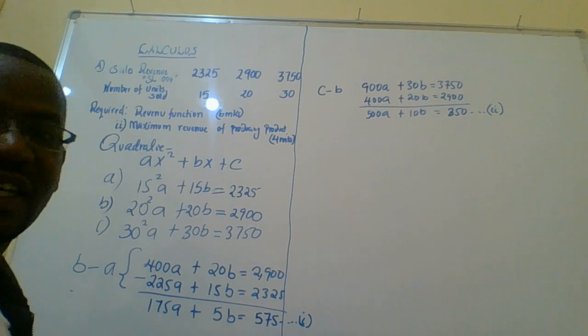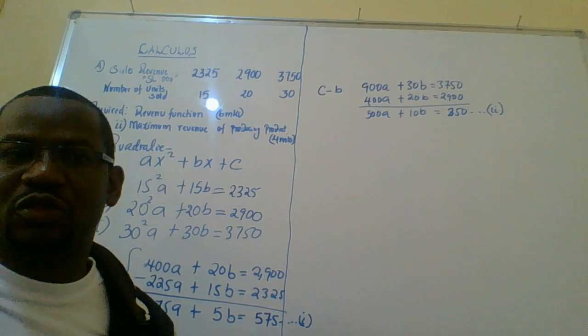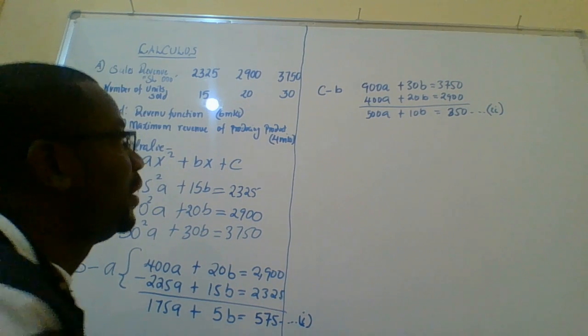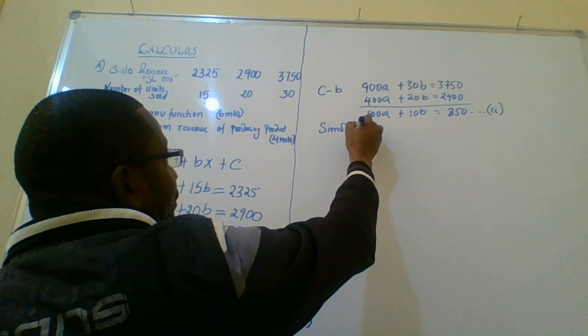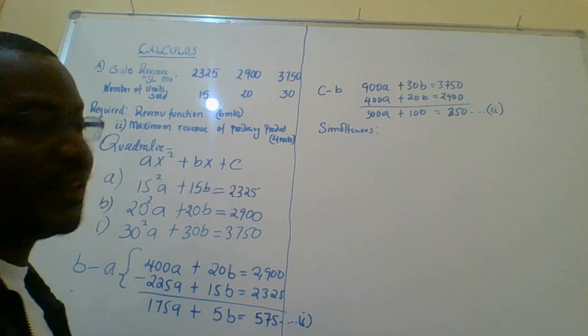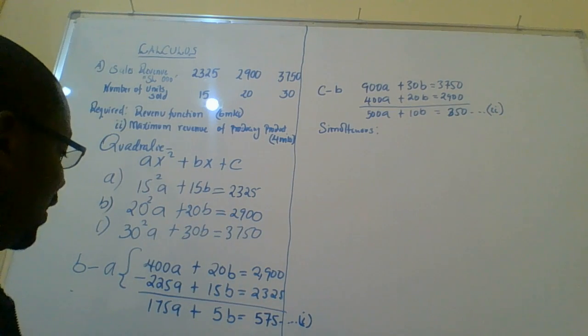That is our second equation. Therefore, our simultaneous equation will be 500A plus 10B is equal to 850.